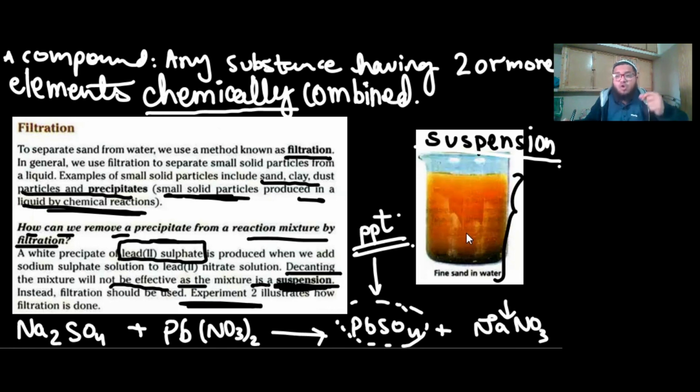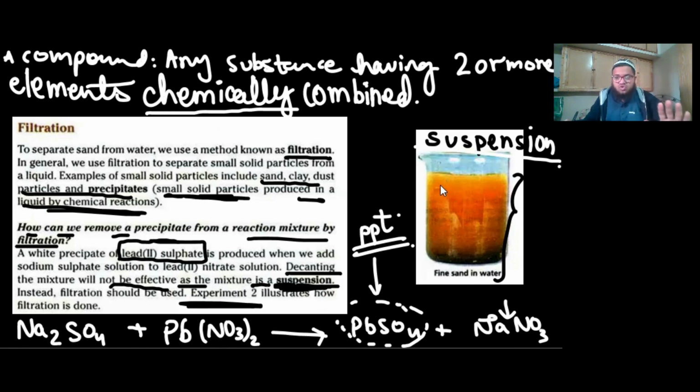No matter how long we allow it to stand, it won't settle down at the base, because sand is not as dense as pebbles. It will stay up, and that's why we cannot use decanting over here. Clear? Now we are going to look at filtration.